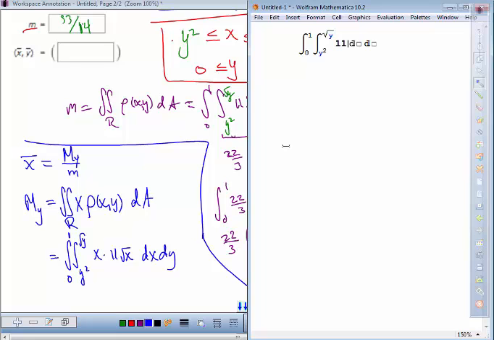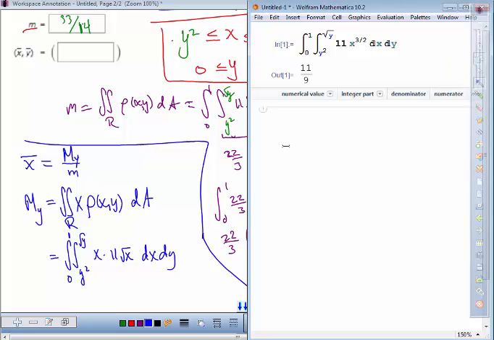And I have 11 times x to the 3/2 power. Whoops. So 11 over 9 for that one.